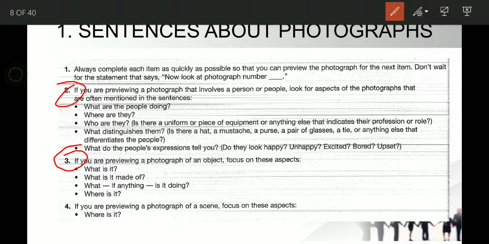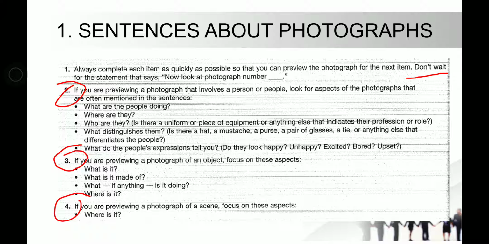If there is nothing, I mean just a scene or a landscape, you may focus on number 4. So the basic point is don't wait for the statement that says now look at the photograph number. Go directly after you are told to open your worksheet. Just go ahead and look at the photograph.